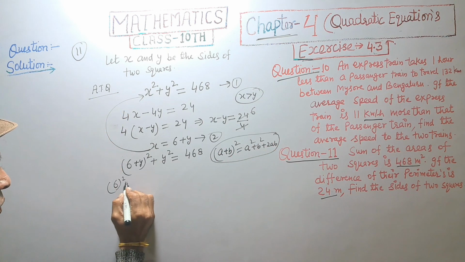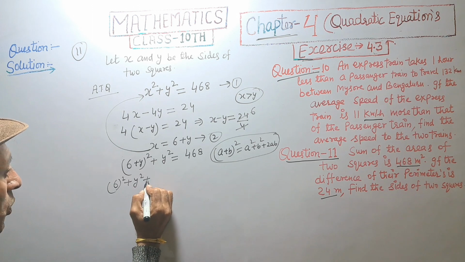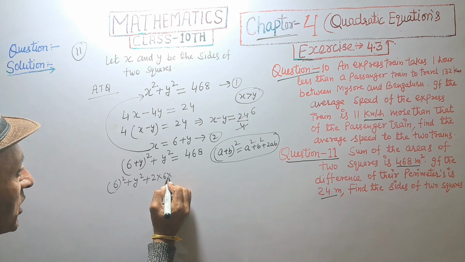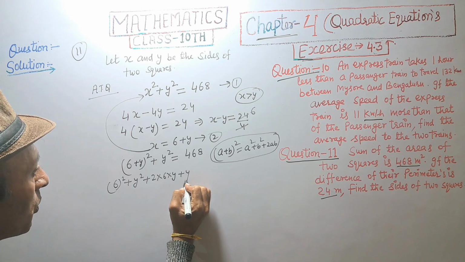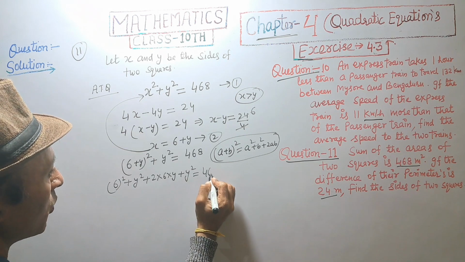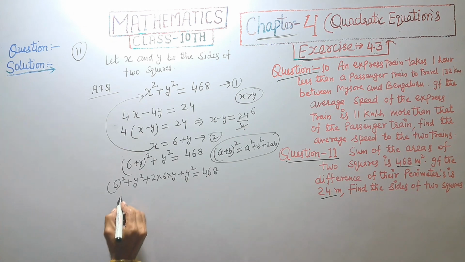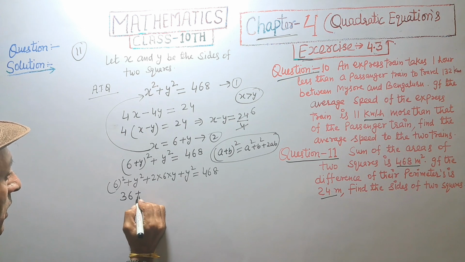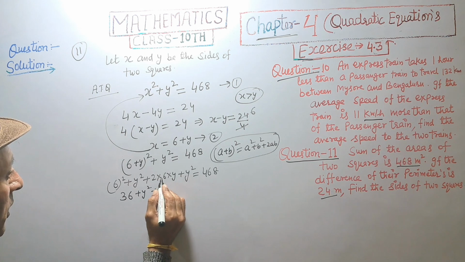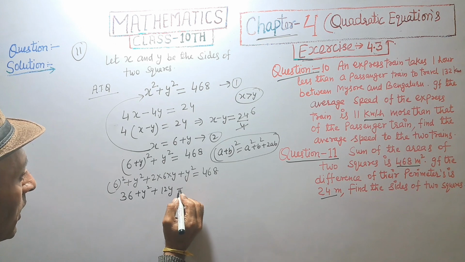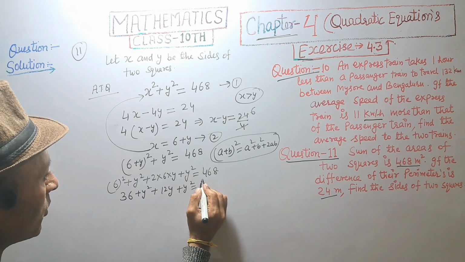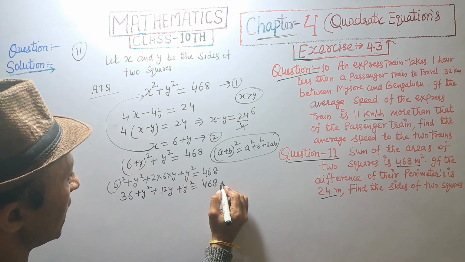6^2 + y^2 + 2 into 6 into y + y^2 is equal to 468. 6 6s are 36 plus y^2 plus 6 2s are 12y plus y^2 is equal to 468.